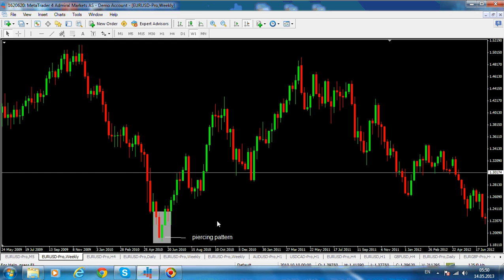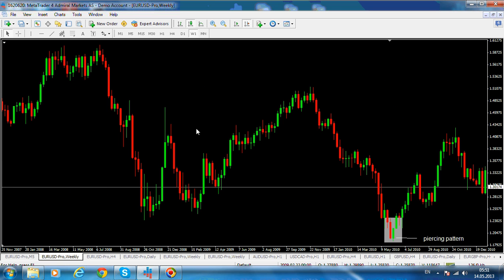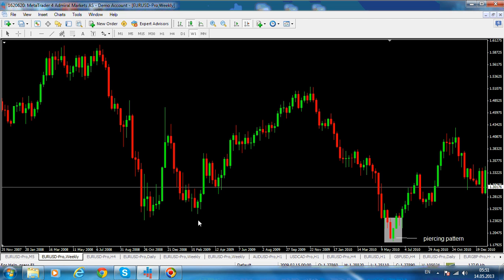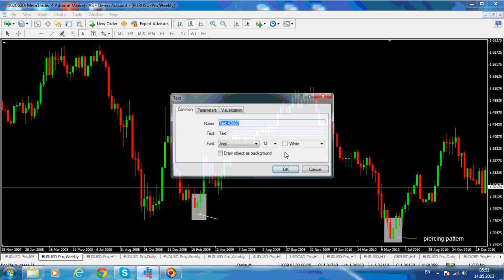So you might also have a support when trying to position on the long side with this strategy. This is only one example on the weekly chart. Remember, we are looking for a falling trend, like it is here. Another example: we are looking for a falling trend, and then a red candle and a green one, and this is called a piercing pattern.